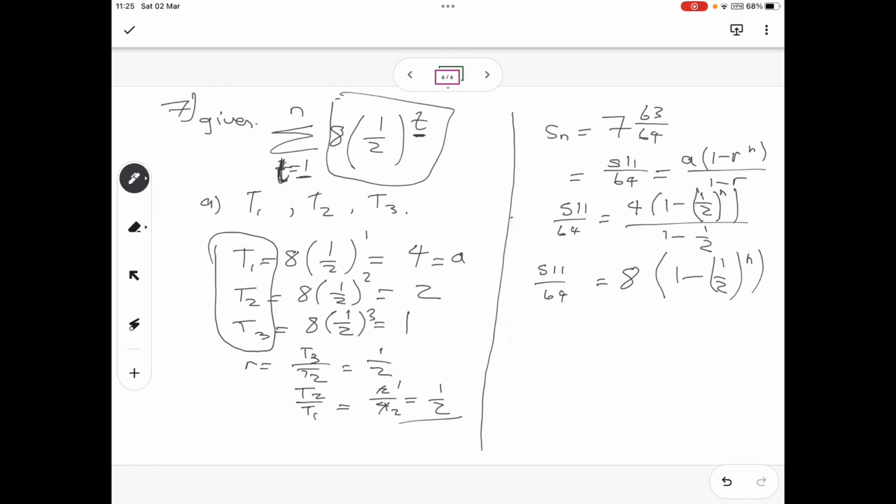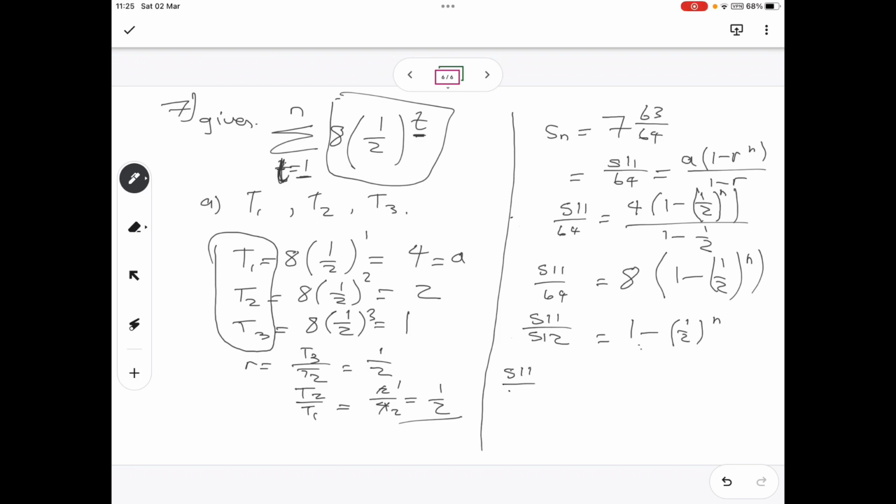Yeah, so then we divide 511 over 64 by 8. Yeah, 511 over 512. So 511 over 512 equals 1 minus a half to the power n.